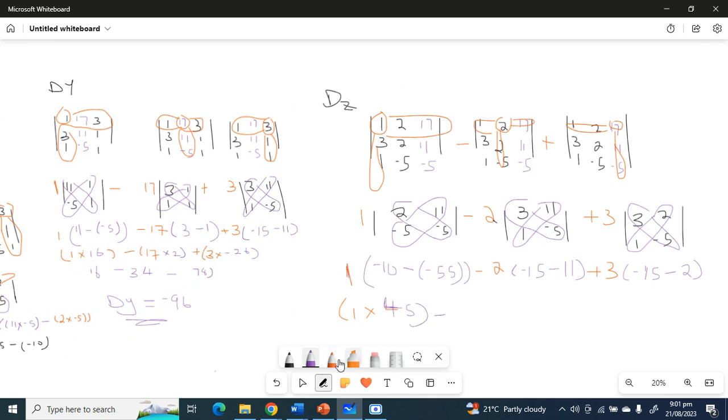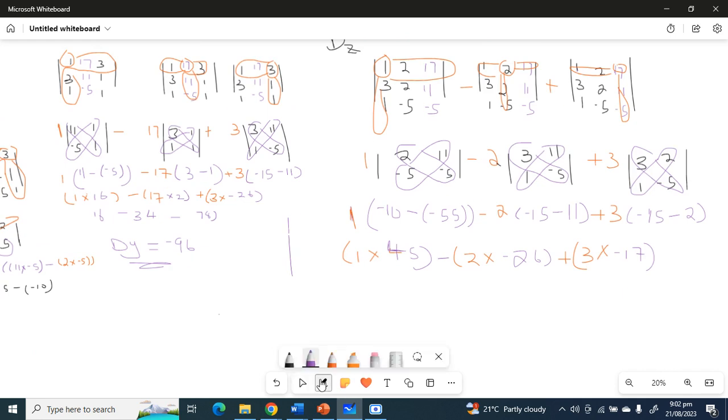Minus, then here we have 2 multiplied by negative 15 minus negative 11, that is negative 26, plus 3 times negative 15 minus 2, that is negative 17. Okay, let's get our calculators ready. 1 times 45, get 45.